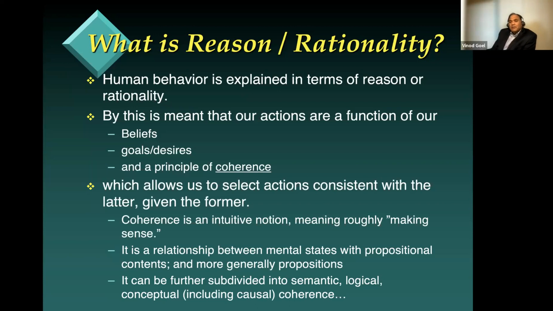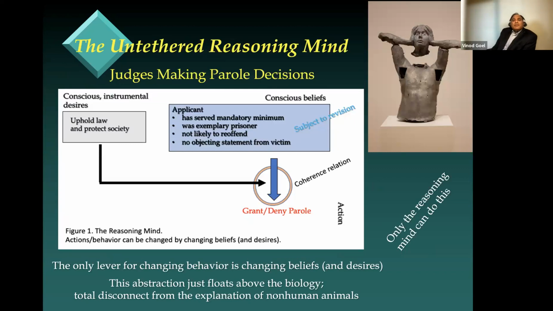It can be further subdivided into semantic, logical, conceptual, including causal coherence. Okay. So let's begin with this example of judges making parole decisions and applying the standard reasoning model to it. So here the judge will begin with some desire, such as uphold the law and protect society. They will also have some information or beliefs.